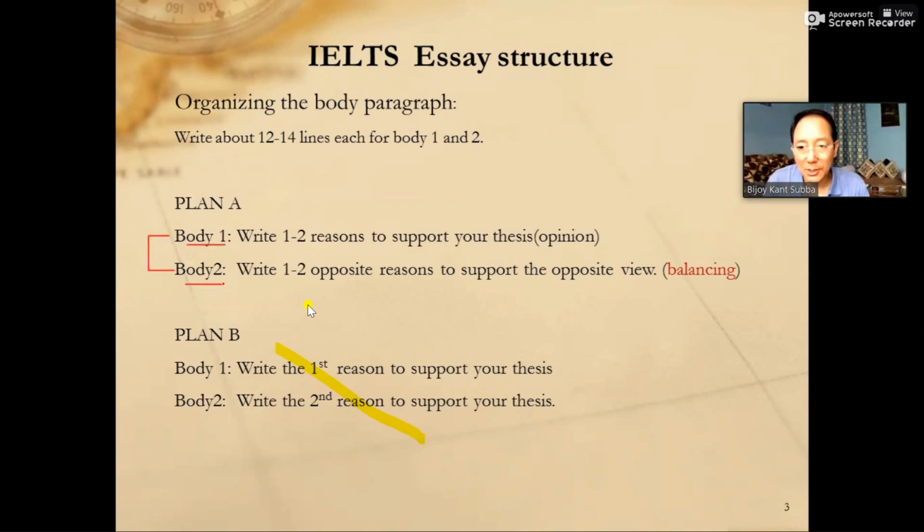Now let's say Furpa and Vivutsa agree that nuclear technology is beneficial, right? So Furpa and Vivutsa are going to write two reasons in one paragraph to support your opinion, why you agree. So in body paragraph 1, you're going to write two reasons why nuclear technology is beneficial.